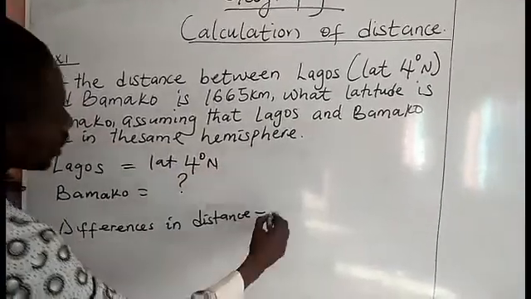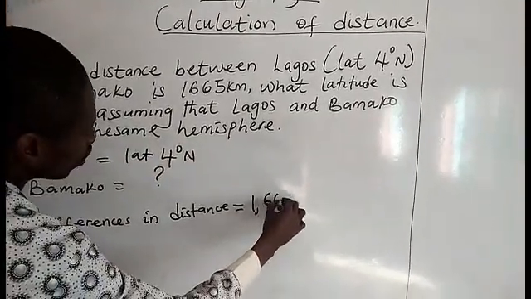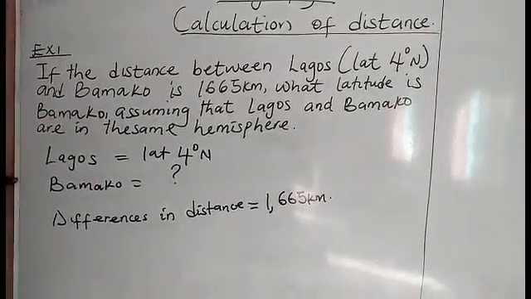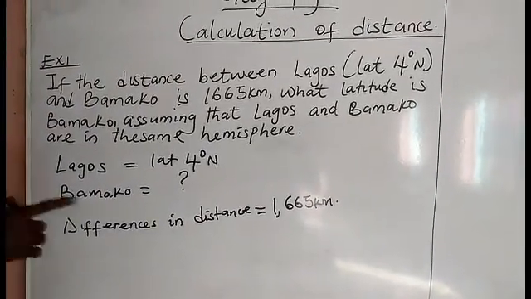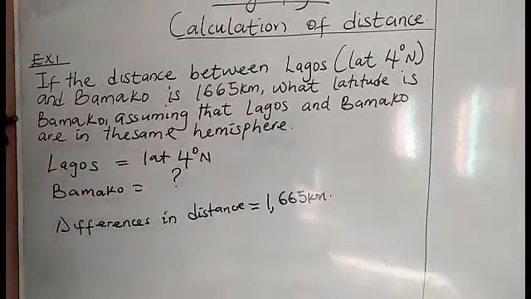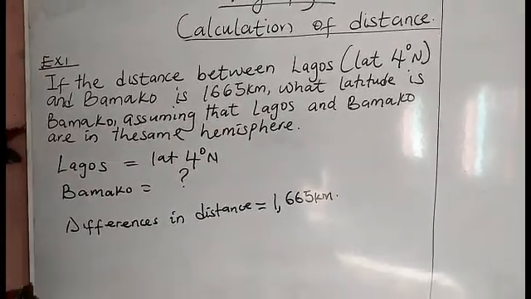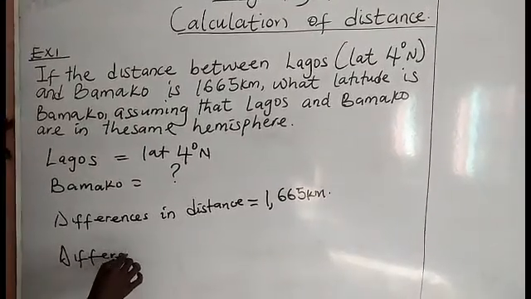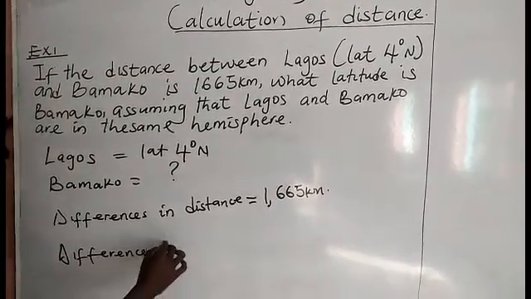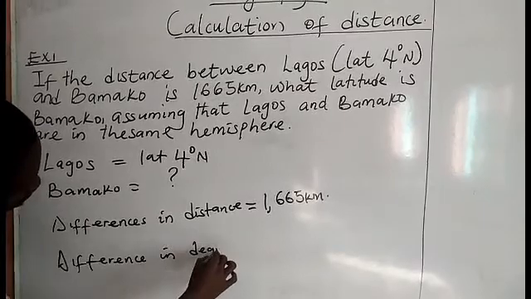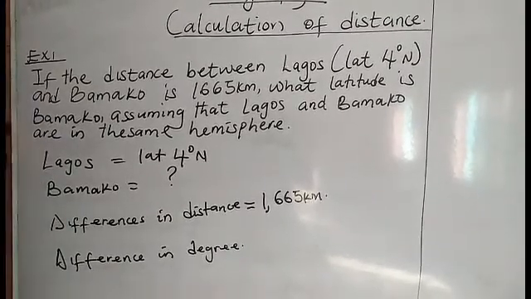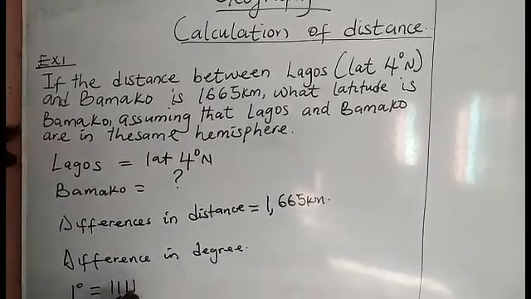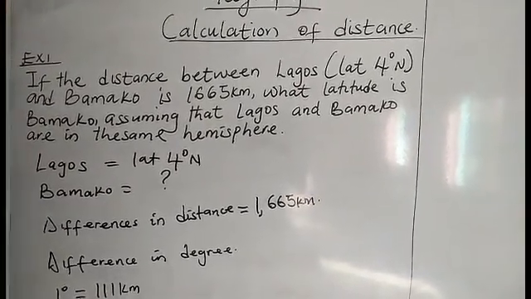Which is 1,665 kilometers. Differences in distance is 1,665 kilometers. Next, we'll find the differences in degree. And we are quite sure that 1 degree gives us 111 kilometers.